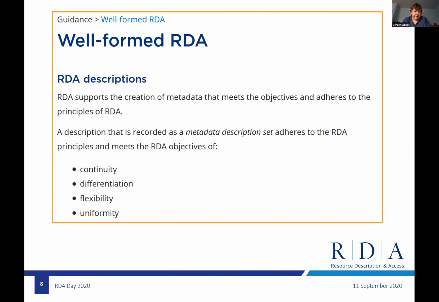As the new toolkit reaches its final stage of publication, communities are beginning to say, well, what does it take for us to say that we have an RDA record, etc. And so in order to clarify this, we have added a guidance chapter on how well-formed RDA is defined, what criteria must be met before you can claim that it's well-formed, and how this ties in with the objectives and principles of RDA itself. So this is an extract from that new guidance chapter.